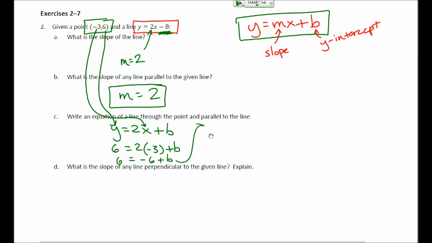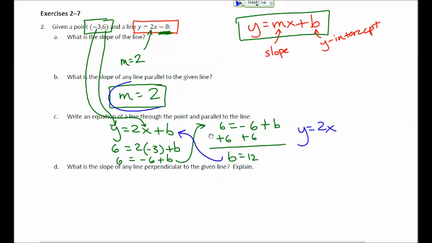Again, 6 is equal to negative 6 plus b. I will add 6 to both sides, and I find that b is equal to 12. Now I just plug this back into the original equation, and I get y is equal to 2x, from my slope of the parallel line, plus b, which is 12.